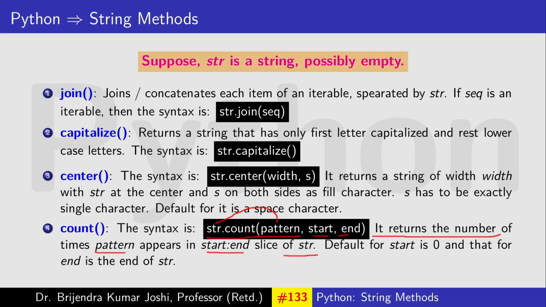The default value for start is the starting position, that is 0, an integer, and end is the end of the string. So if you provide only the pattern, it will find out how many times this pattern occurs in str, from the beginning up to the end of the string. So these are the four string-related methods.